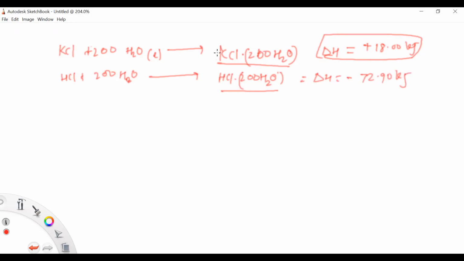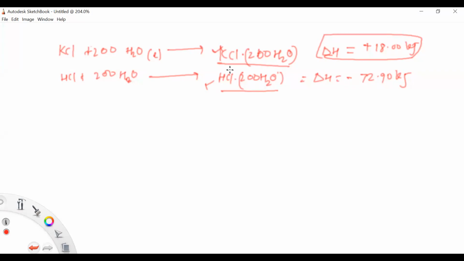This is the difference: when the nature of the solute is different, the delta H or heat change can be different. This is an example of the dissolution of a solute into a solvent. The nature is different, so the delta H or heat change is different, because the process is different. The second process is exothermic and the first process is endothermic.